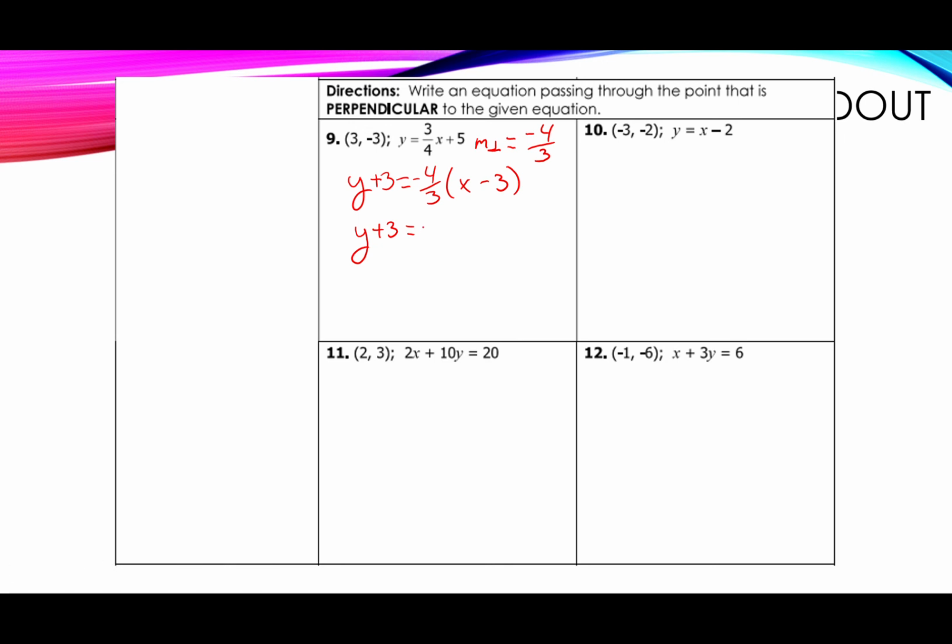All right, you get negative 4/3 x and then plus 4. Subtract 3 on both sides to solve for y, and I get y equals negative 4/3 x plus 1.